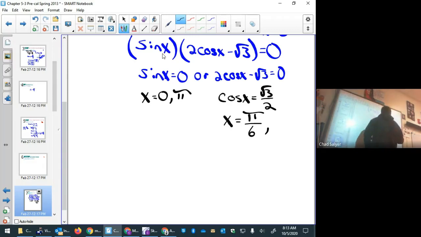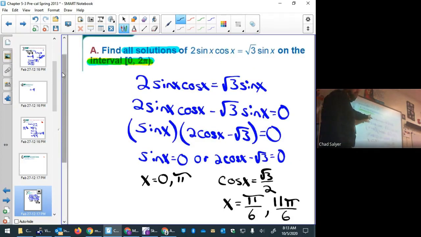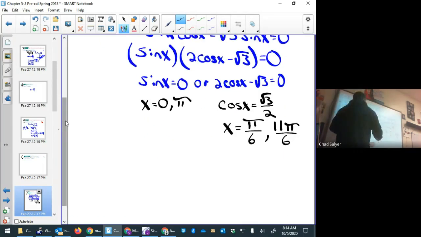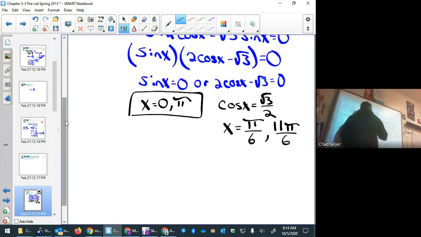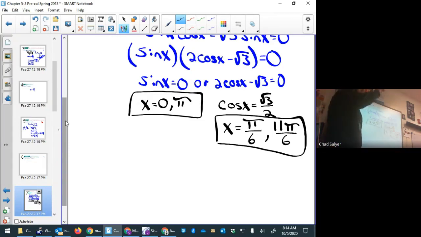Yes, or negative pi over 6. But we want to do this because, see how we have to go from 0 to 2 pi? We can't use a negative radian in this case, not and satisfy this condition. So these are the four solutions to this equation on the unit circle, which at this point is all we care about.